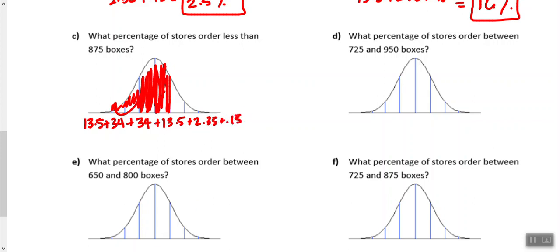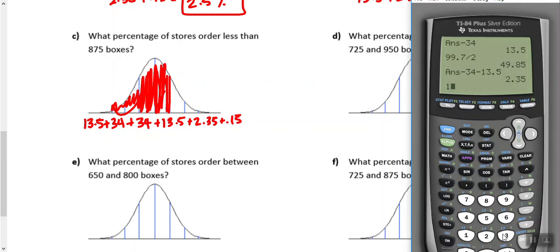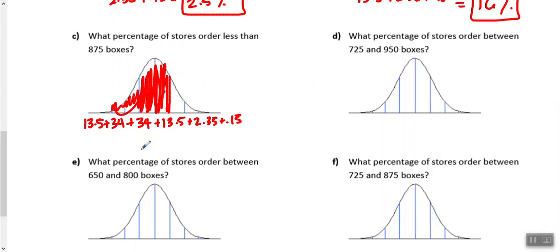So if I add all that up in my calculator, let me hit enter, and you get 97.5%.